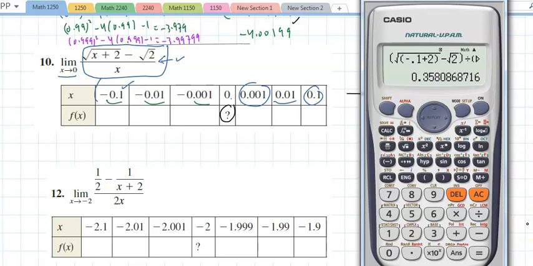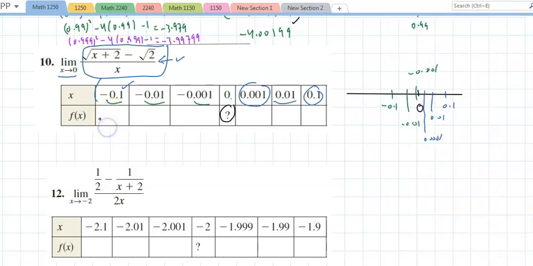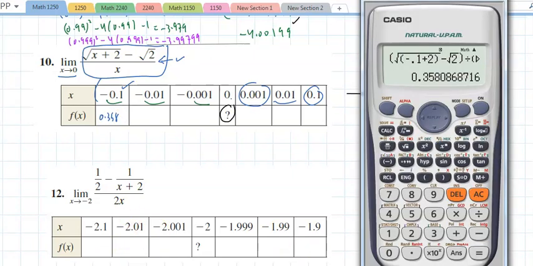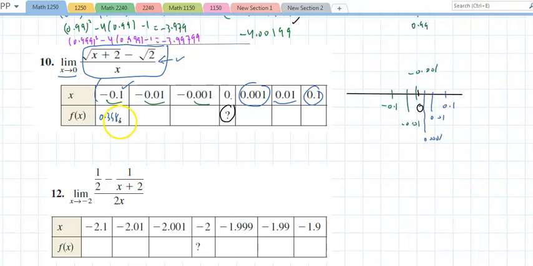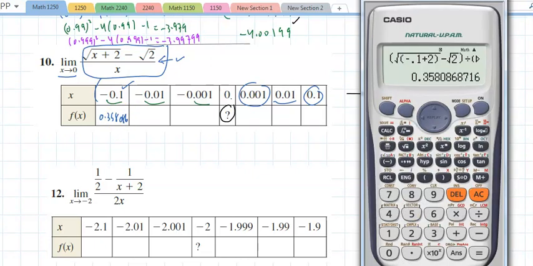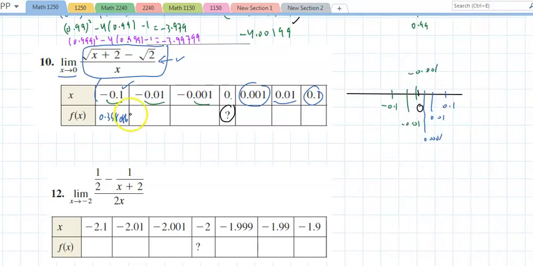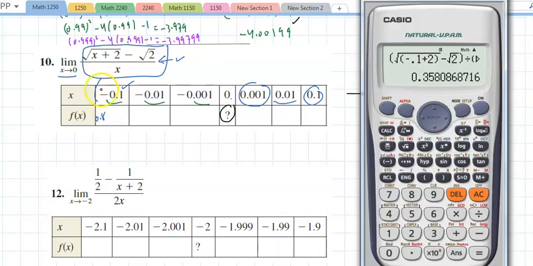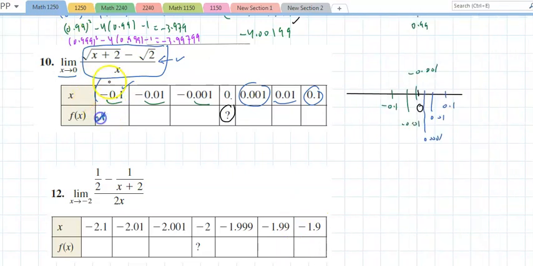Instead of doing this work and getting whatever this number is, 0.3580869 or 7. Well, instead of doing this and getting that number, I'm stuck on the 8.